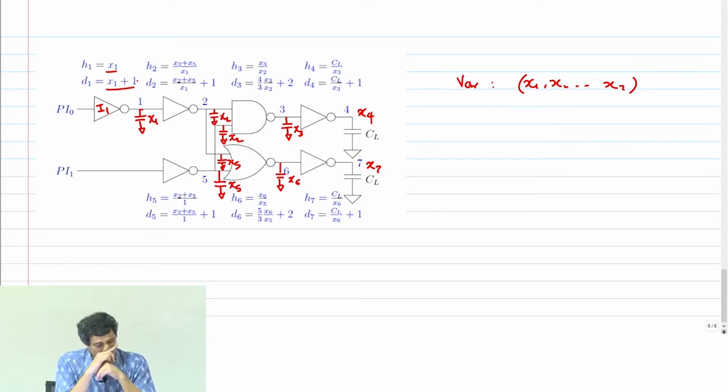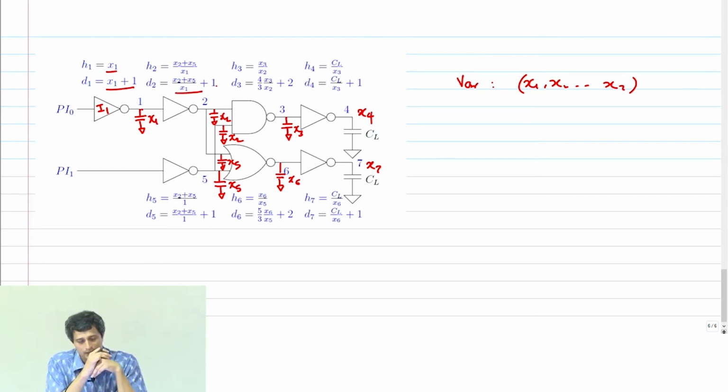G is 1. What about H2? It is now the net capacitance on node 2 is X2 plus X5, right? Because the same node inverter is driving the NAND and the NOR. So it is X2 plus X5 by X1. That's H. And therefore the delay is X2 plus X5 by X1 plus 1.